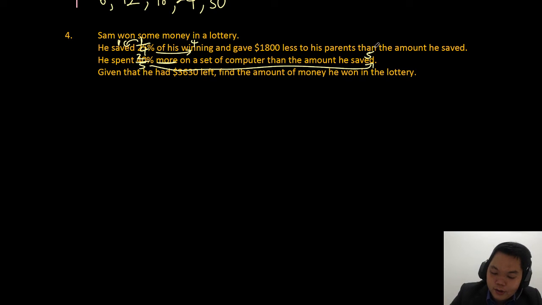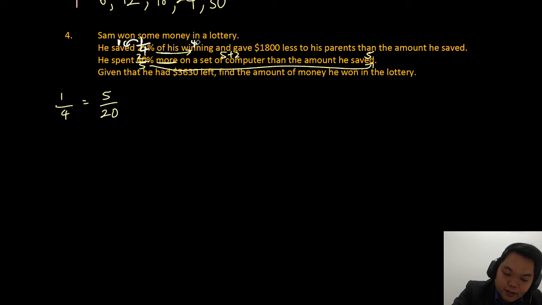So his savings here can actually be changed to 5, which means that on the computer he must have spent 5 plus 2. Correct? So this 1 out of 4 can also be changed into 5 out of 20. So let's do that. Change this to 5 out of 20 instead, because they are talking about the same item over here. So he saved 5 units. His winnings will be 20 units.